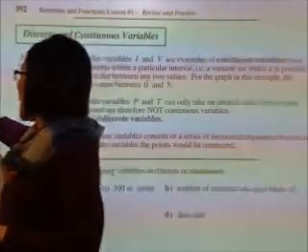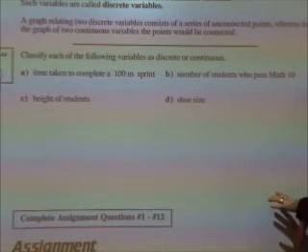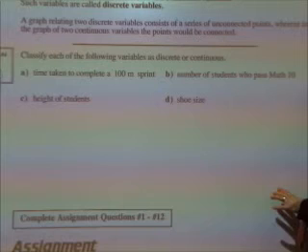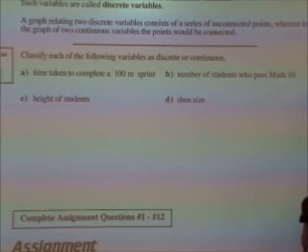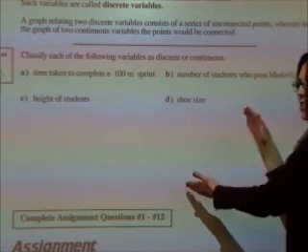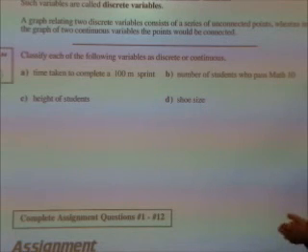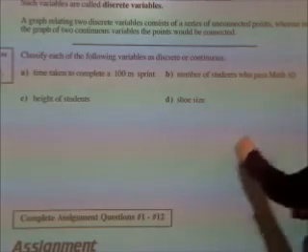Now, sometimes you might join discrete data with a straight line if your scale of axis was quite small. I think we did a question last year about the money you would make at a dance compared to the number of tickets. Well, if I'm selling 500 tickets, to put 500 dots on my graph would seem ridiculous, and they'd be so close together. So in that case, I may want to join the points together.